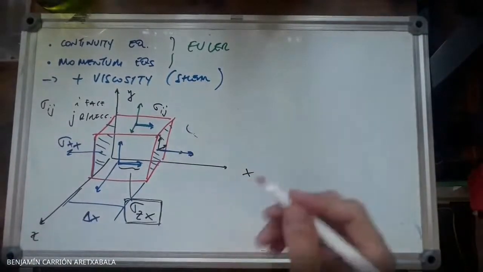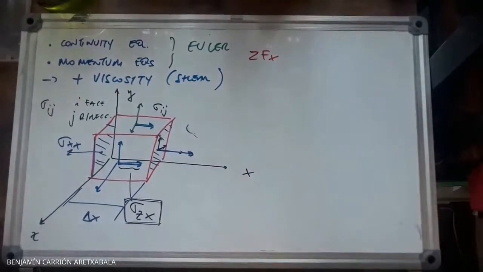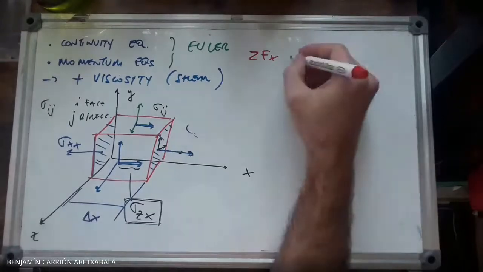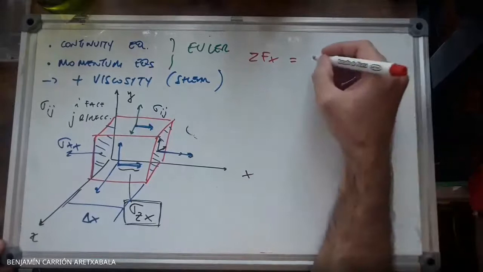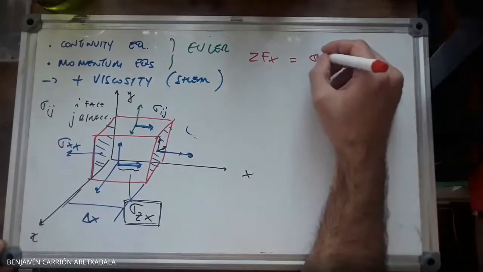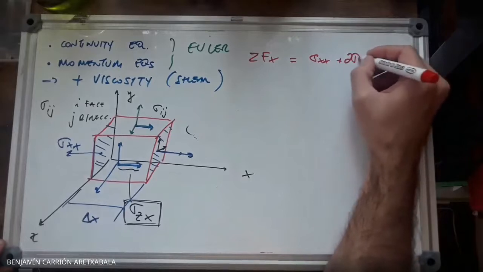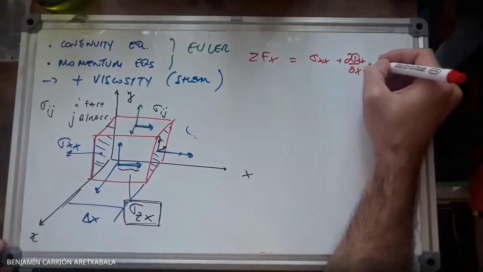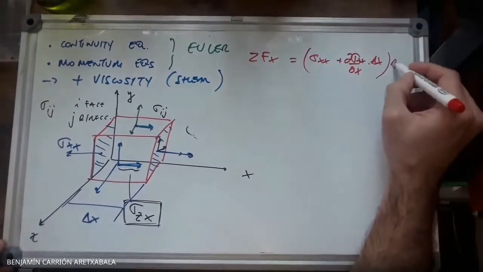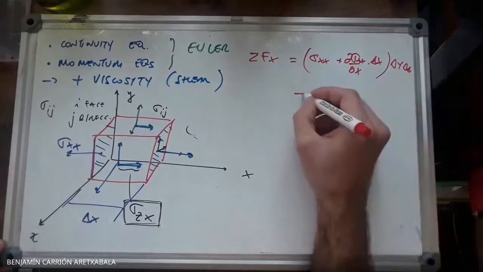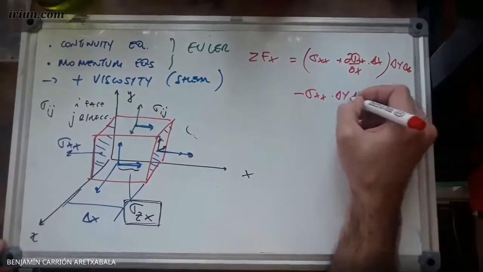So if you sum all of the forces acting on the x direction, you're going to get what I was showing before. Sigma xx plus this gradient of sigma xx over x times delta x, all of these times delta y delta z, minus sigma xx times delta y delta z.